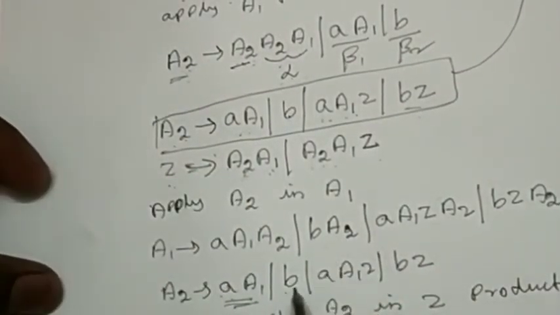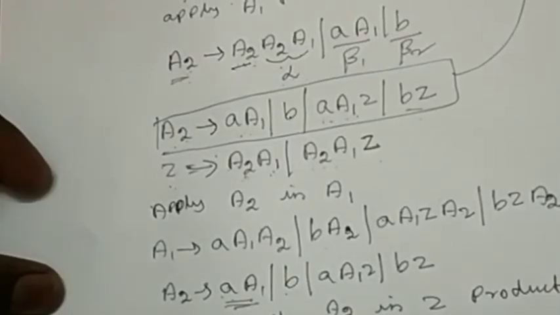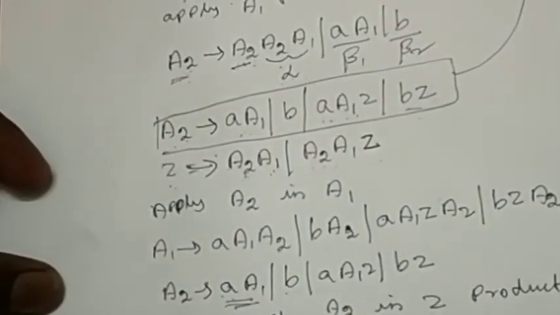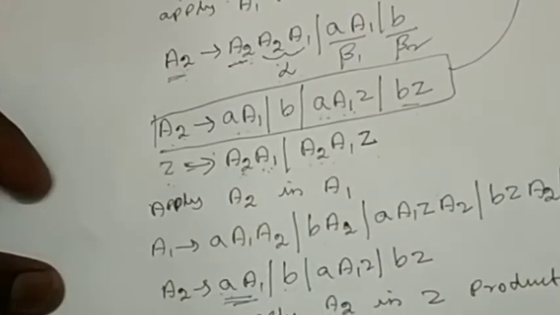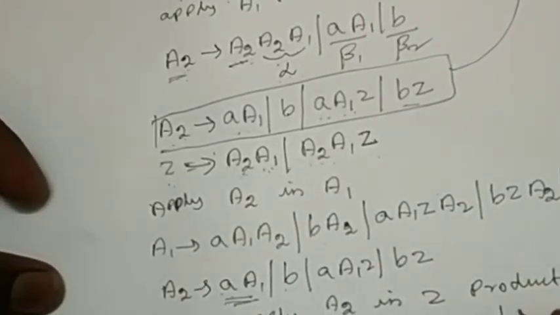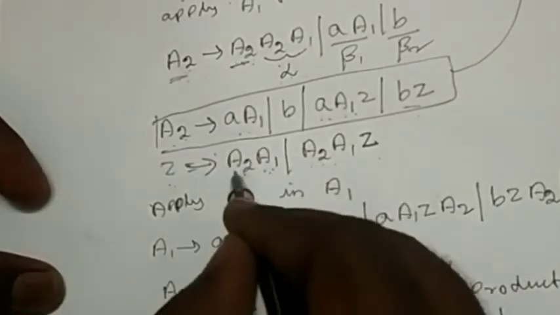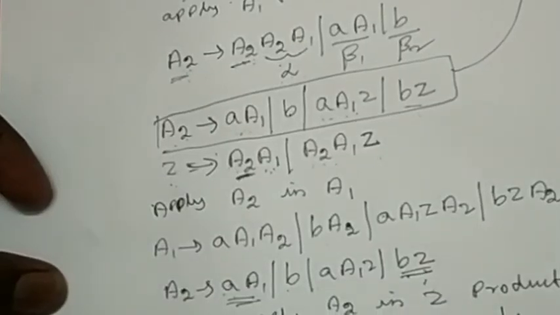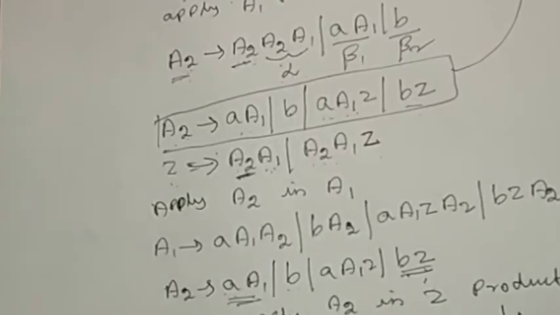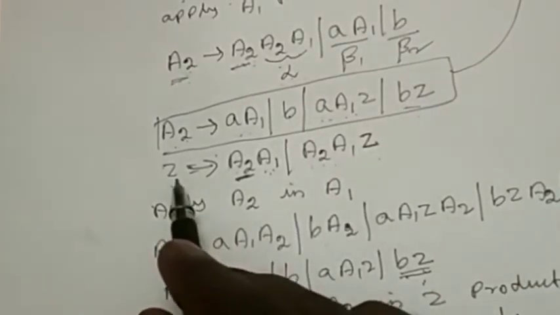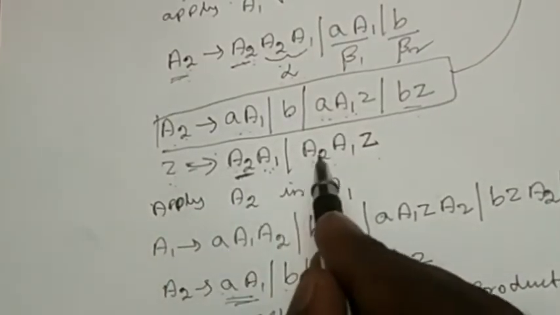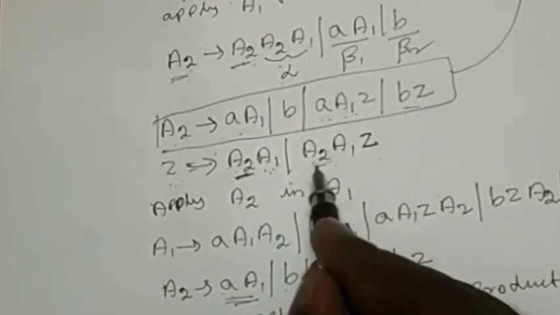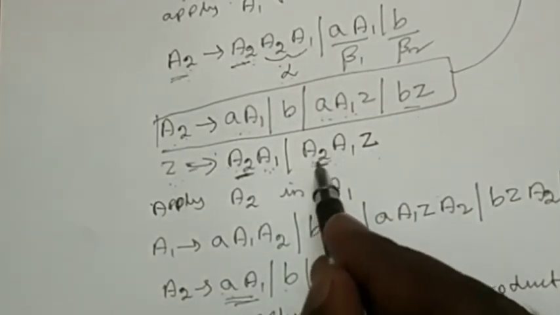Now if you substitute A2 by A1, and already A1 exists, so A1 bar. Now if you substitute A2 by BZ here, so BZ A1. And one more equation Z has is A2 A1 Z. So this A2 also has to be replaced by the respective values of A2.